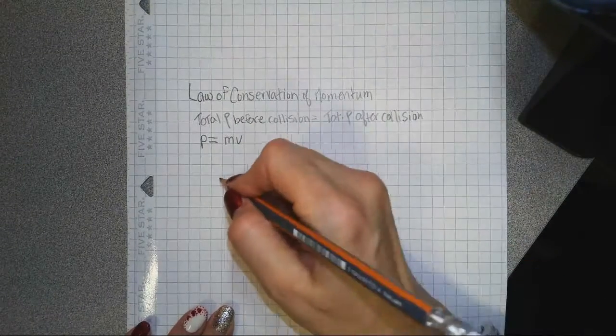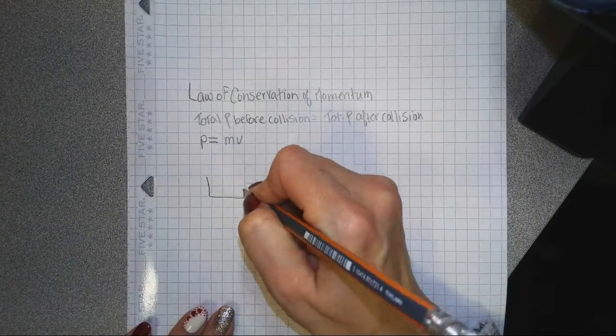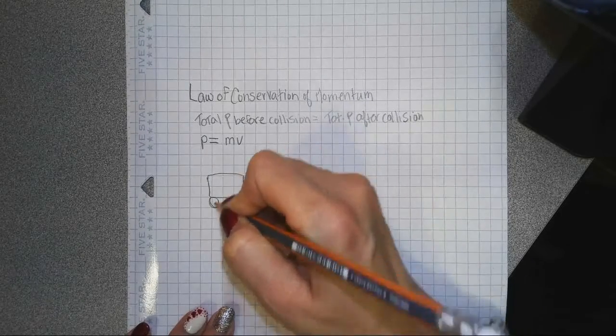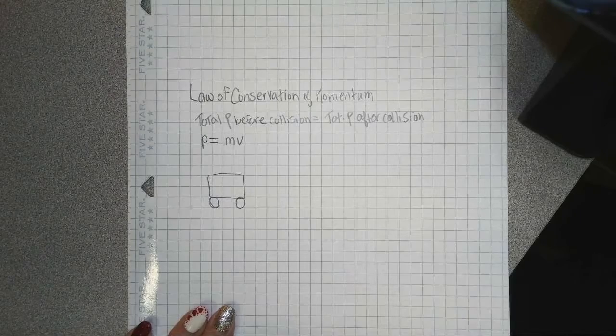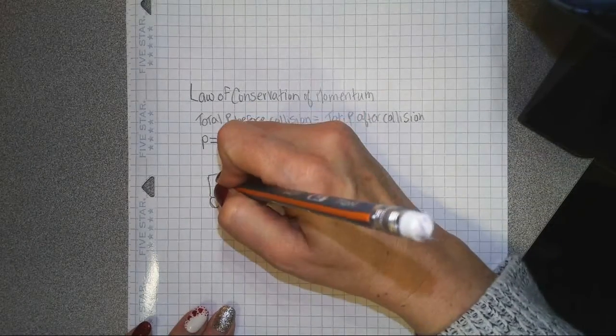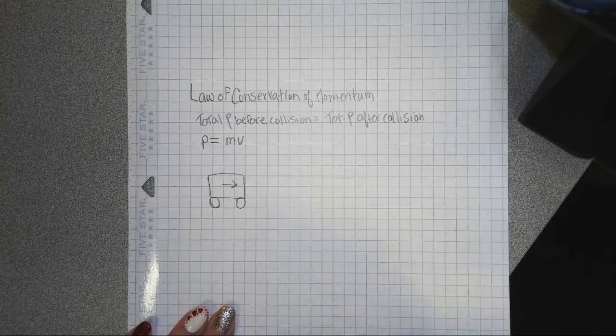So let's say we have one car, and we're just going to write it as a rectangle. And remember, we're dealing with velocity here. Velocity is a vector, so it has both a magnitude and a direction. So this car is moving to the right.